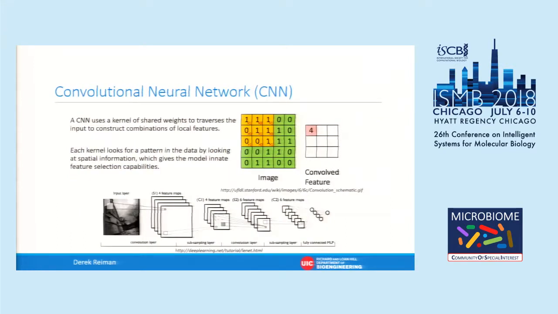The first thing we're going to look at is the meat of the framework, which is the convolutional neural network. The way this works is it takes some n-dimensional matrix. Here we have a 2D matrix and a kernel that slides across the matrix. Based on the submatrix of the input it's looking at, it takes the sum of the element-wise product of the kernel and the submatrix, and it generates a feature map.